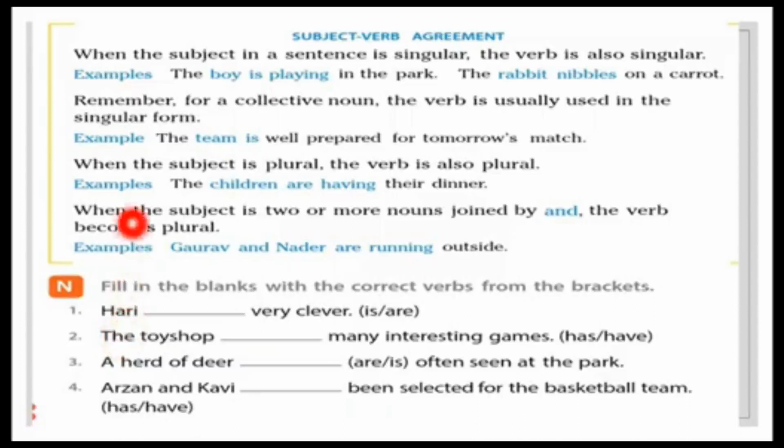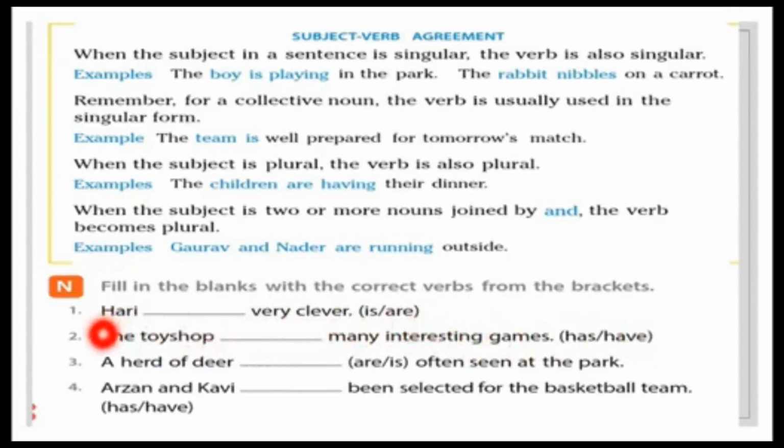So, what we have to do for a collective noun? Okay, for a collective noun we have to use a singular form. So, are or is, is a singular form. Okay, a herd of deer is often seen at the park.